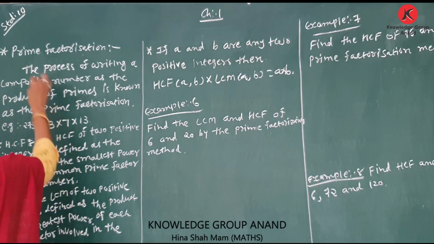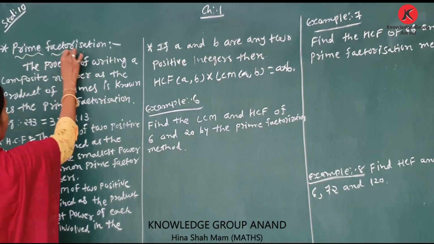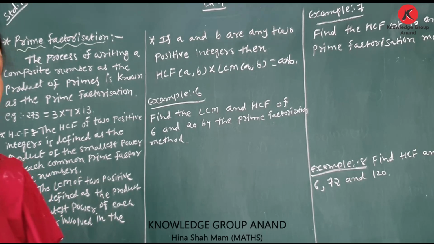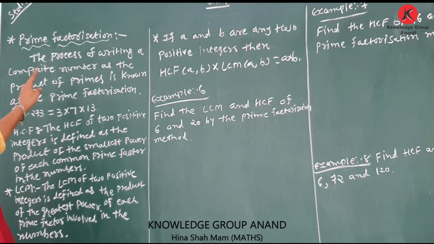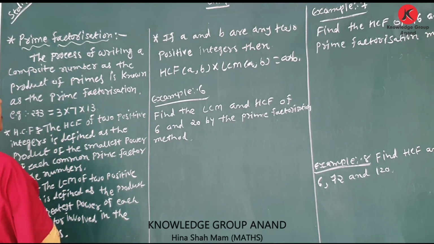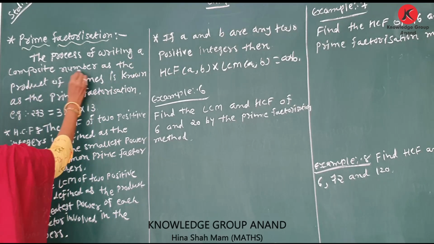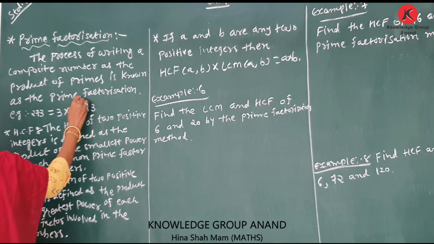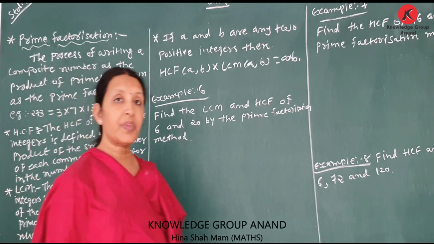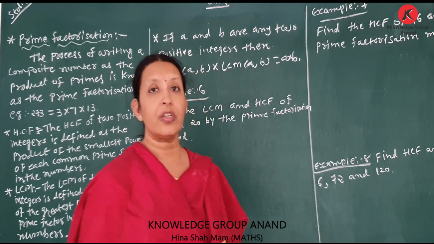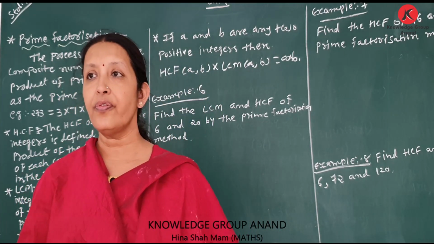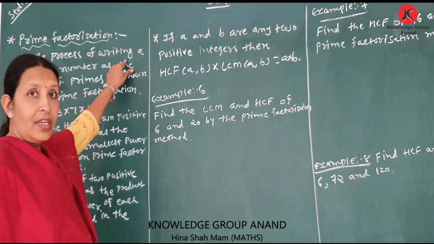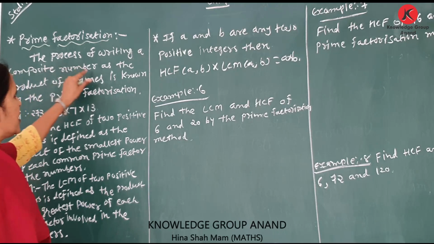We start prime factorization. The process of writing a composite number as the product of primes is known as prime factorization. What is a composite number?